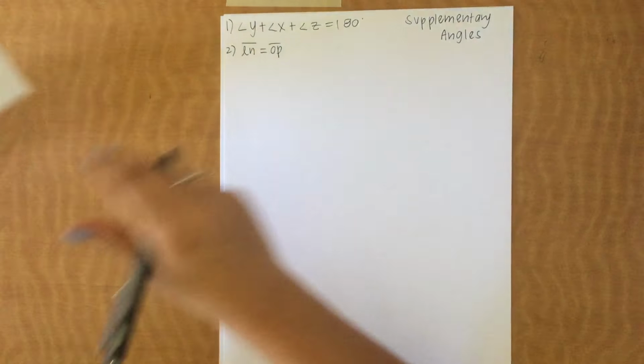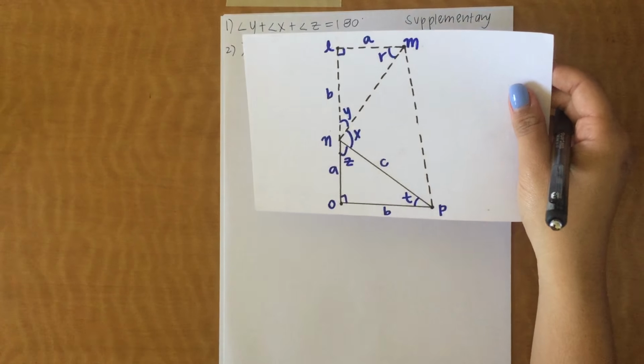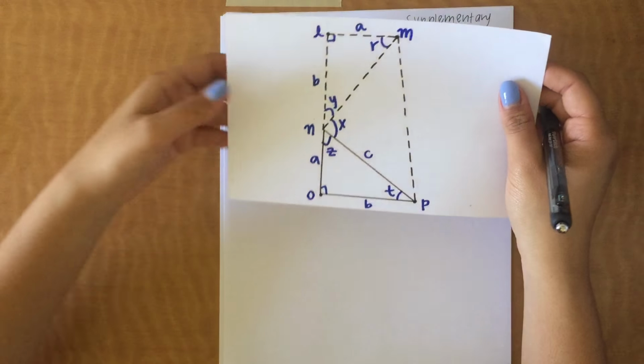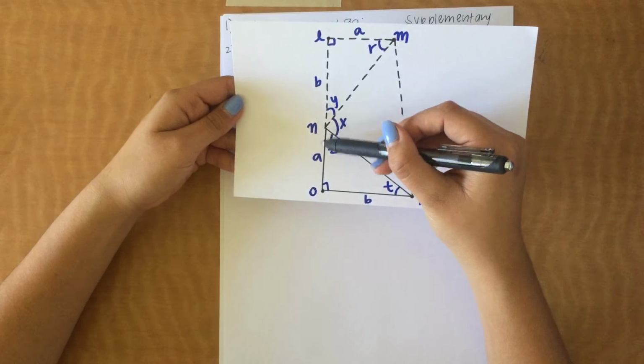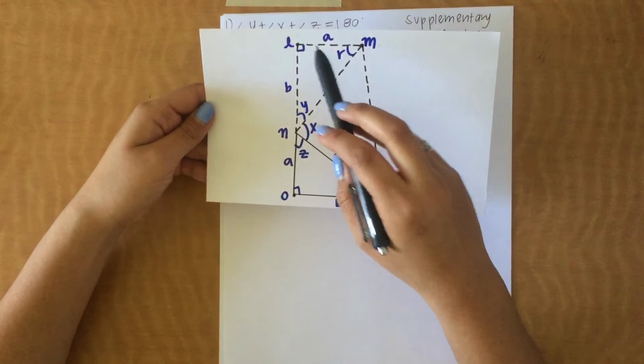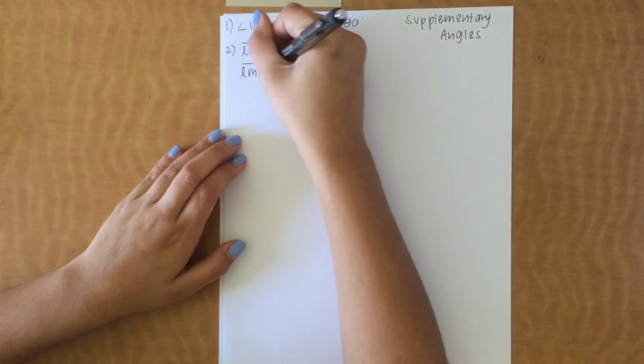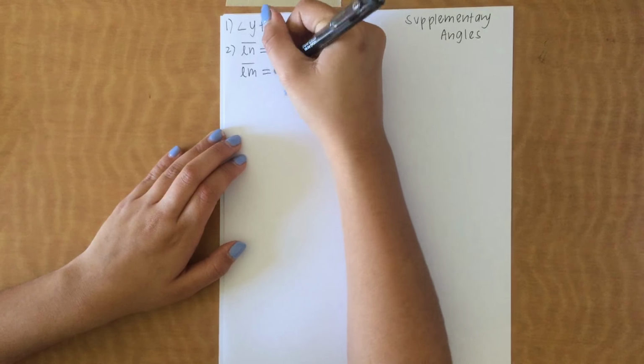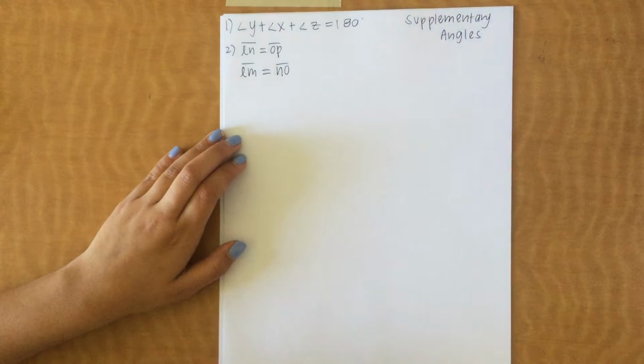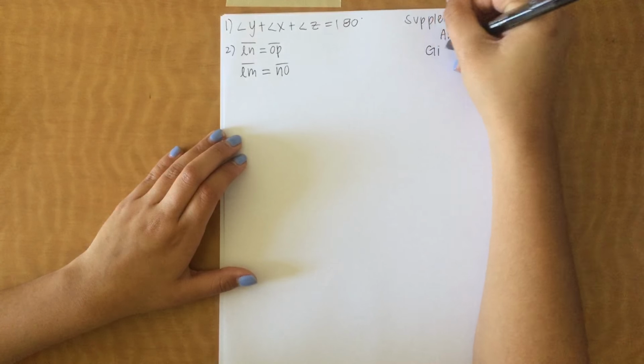And we also know that LM and NO are congruent because they are also equal to a. So LM equals NO, and these are given.